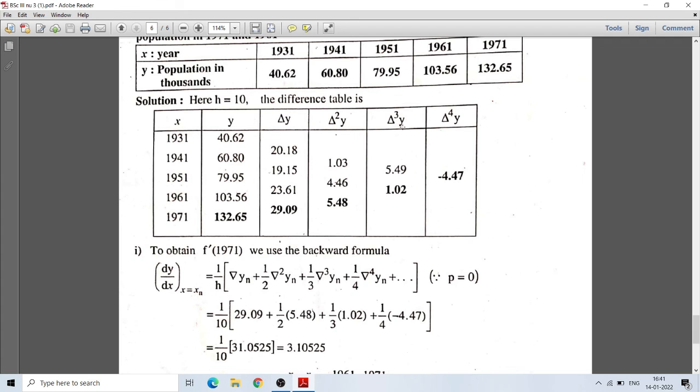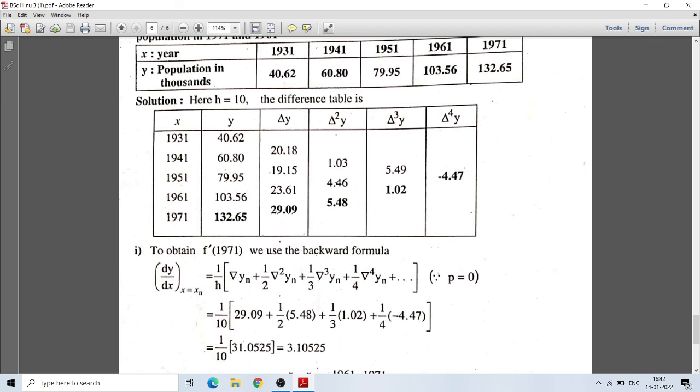We found the forward difference table, but you take the values at the end of the table below. Those are the ∇ values. Then to obtain f′(1971), we use the backward formula. This is the formula. After substituting p = 0, we have 1/10 times ∇yn, which is 29.0.